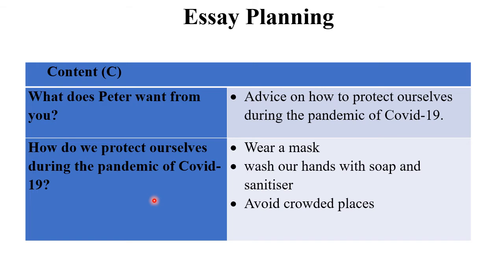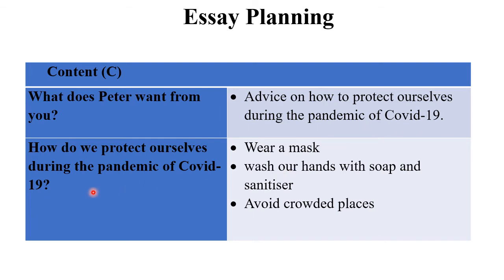After reading the question, you need to ask yourself, what does Peter want from you? And after that, you have to answer your own question, advice on how to protect ourselves during the pandemic of COVID-19.